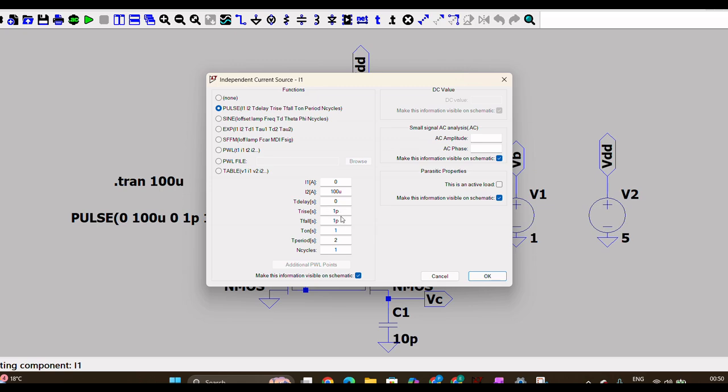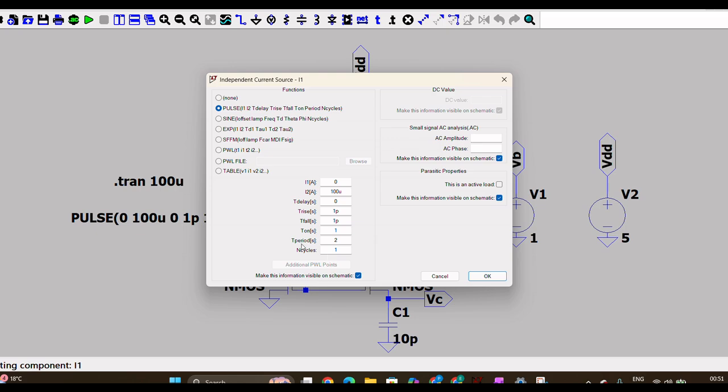We have to give rise time and fall time to get a realistic pulse waveform. If you put 0 and 0 here, you will get some corrupt data. So put some rise and fall time, and my on time is 1 and the period is 2, and the number of cycles is 1.